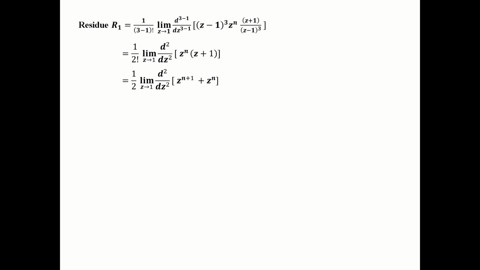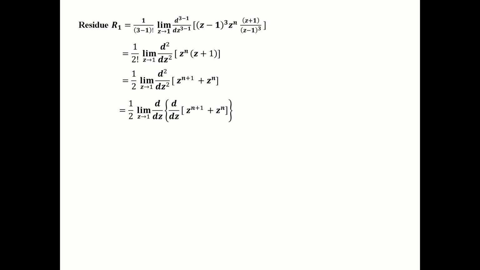Now we'll take the first derivative: 1 by 2 into limit z tends to 1, d by dz of, I'm splitting, right? So first d by dz of z power n plus 1 plus z power n, right?